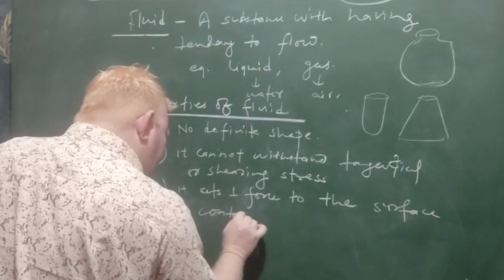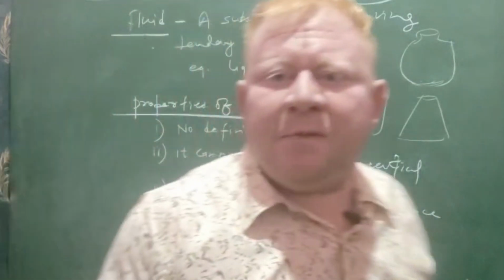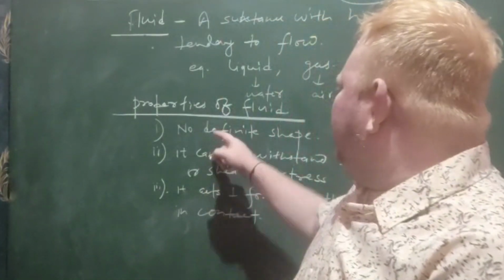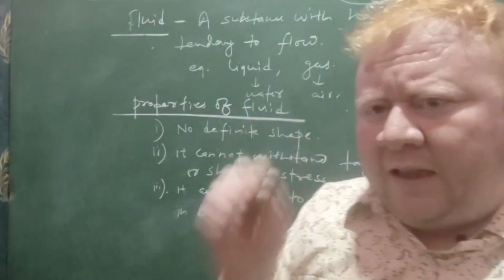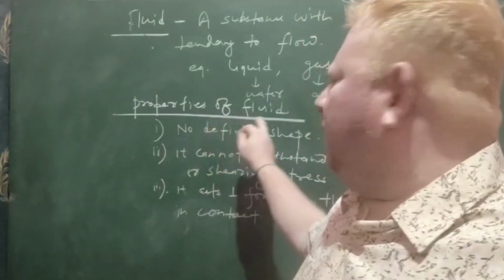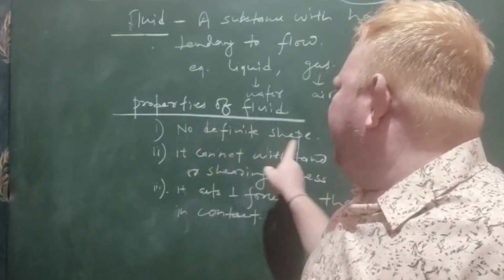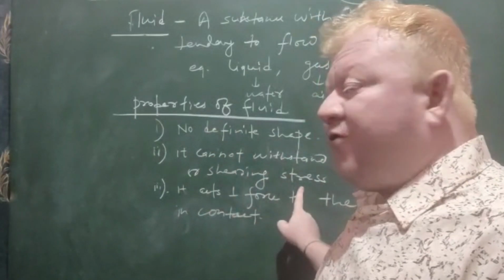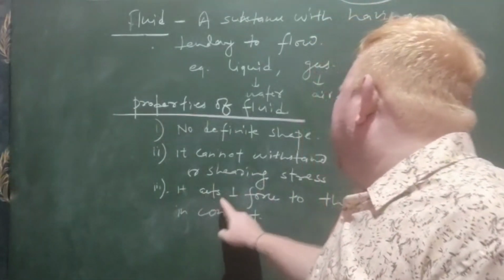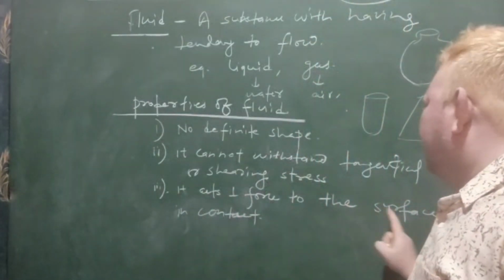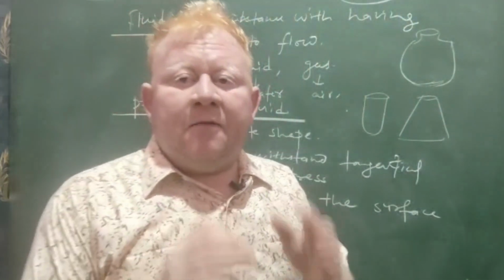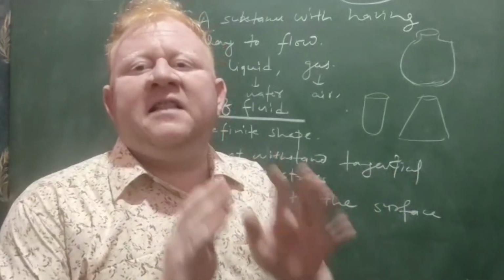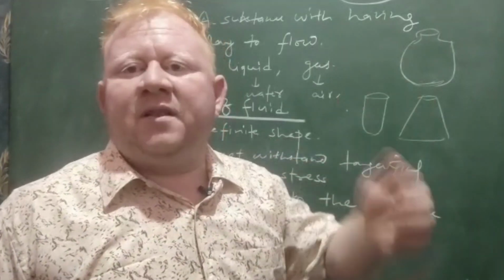These three are very basic properties of fluid. Number one, no definite shape. Number two, it cannot withstand tangential or shearing stress. Number three, it exerts a force perpendicular to the surface in contact, meaning liquid or gas, no matter wherever it is placed, it will exert a force perpendicular to the surface in contact.